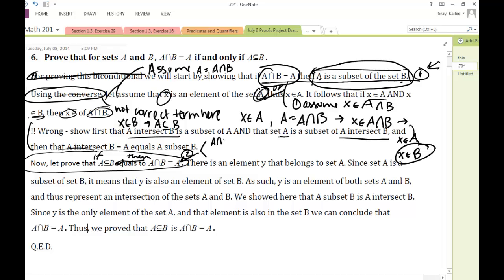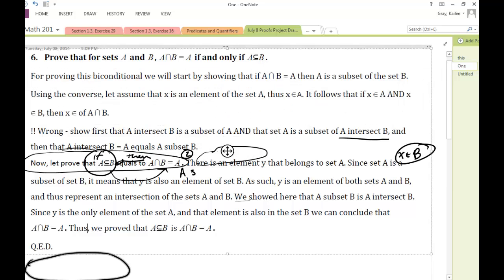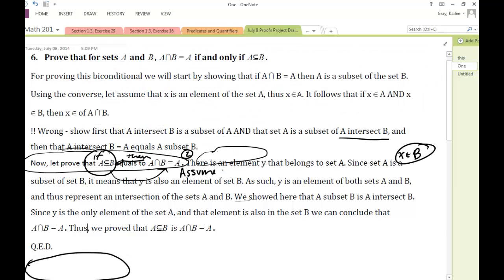We have to show that A intersect B is a subset of A, and A is a subset of A intersect B. So maybe you're trying to show this subset relationship first. Be clear here that your starting assumption is that A is a subset of B. Okay?